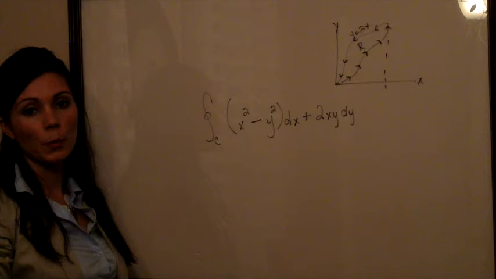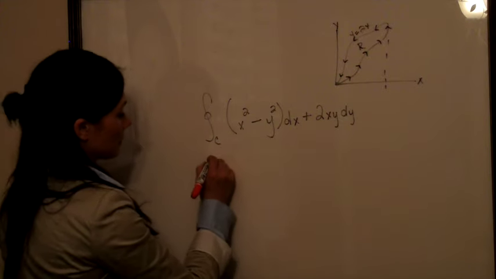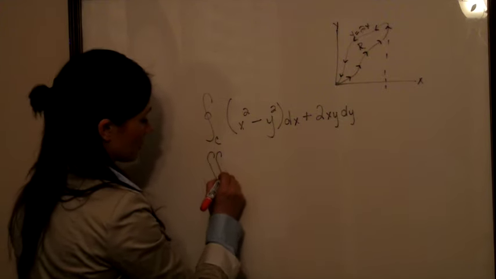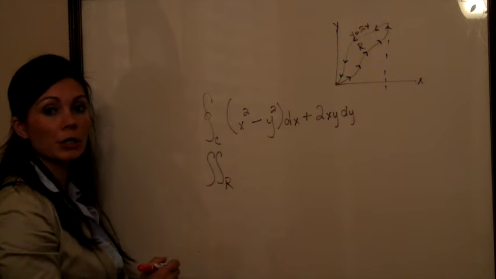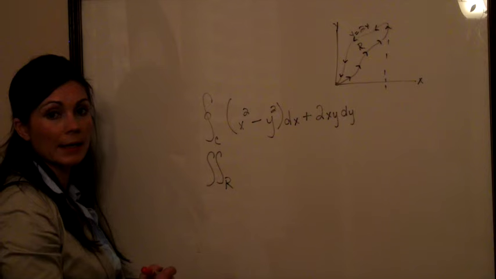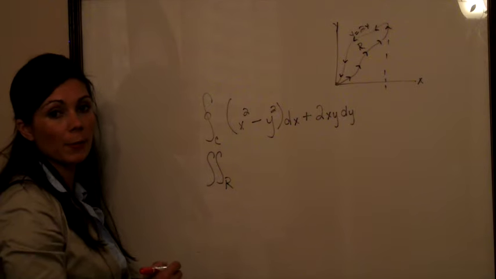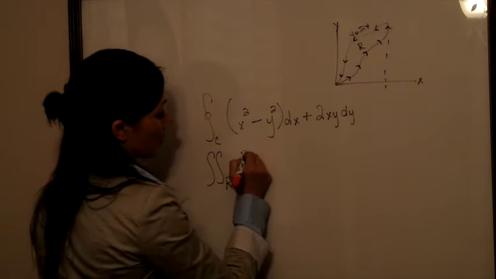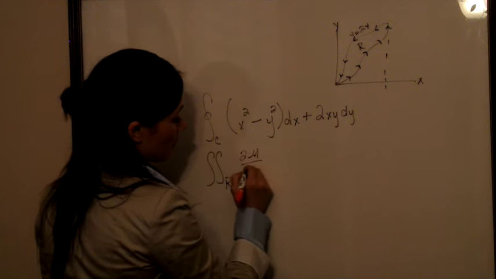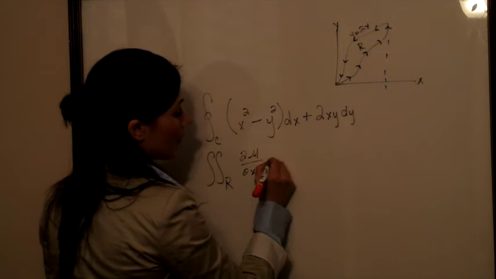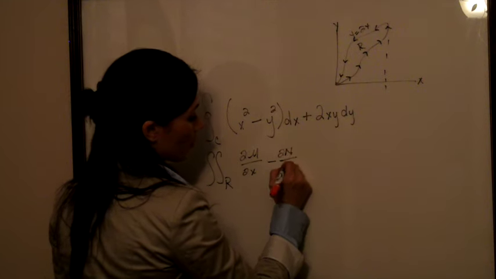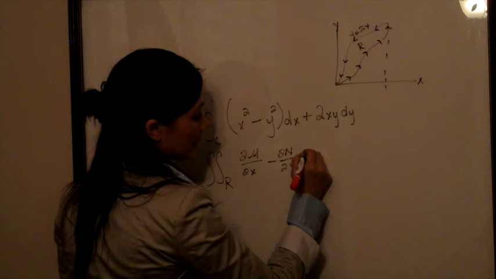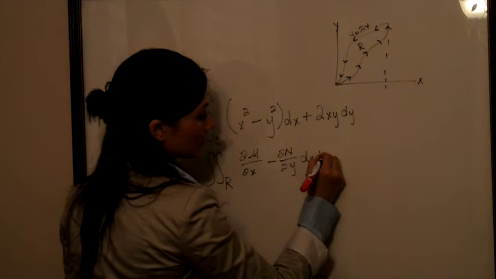As we note, we can take our double integral for the region. So we have our double integral of partial m over partial x minus partial n over partial y dx dy.